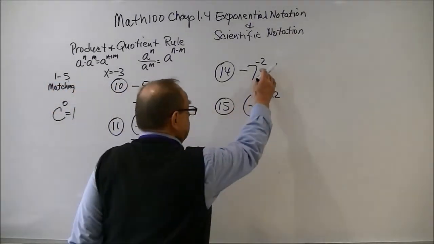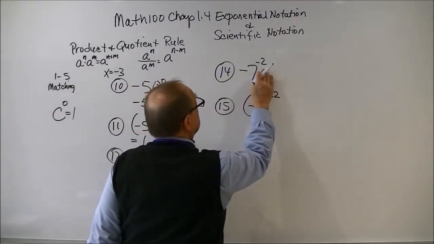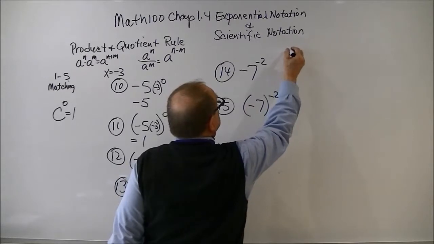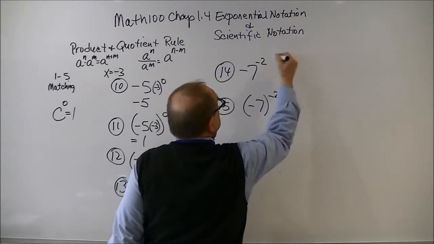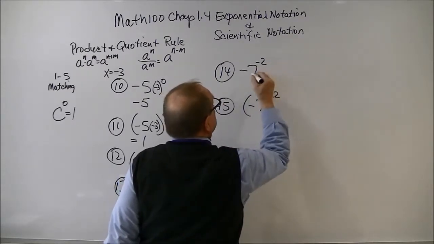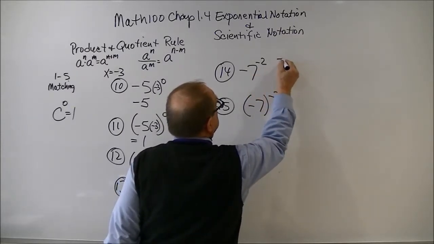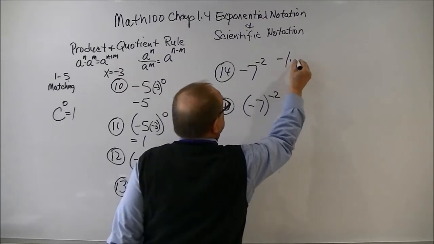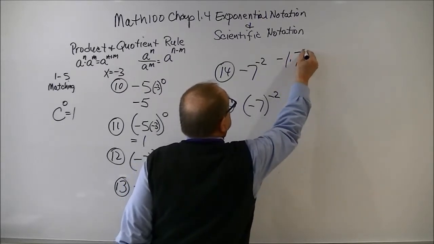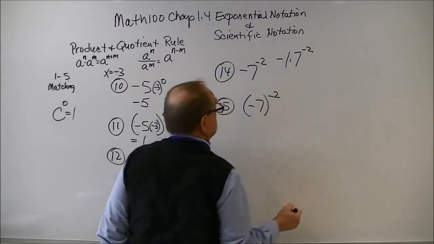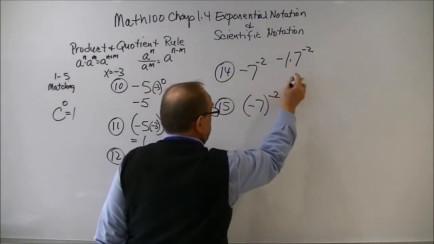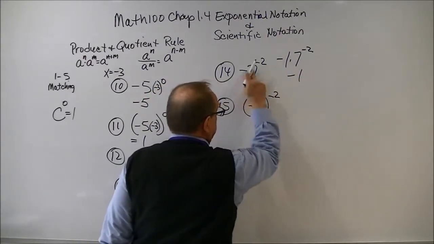Now, this one, because of the negative exponent, we need to take it. This is really tricky because, in a sense, this should be written like a negative 1 times 7 to the negative 2. So the negative 1 stays up there.